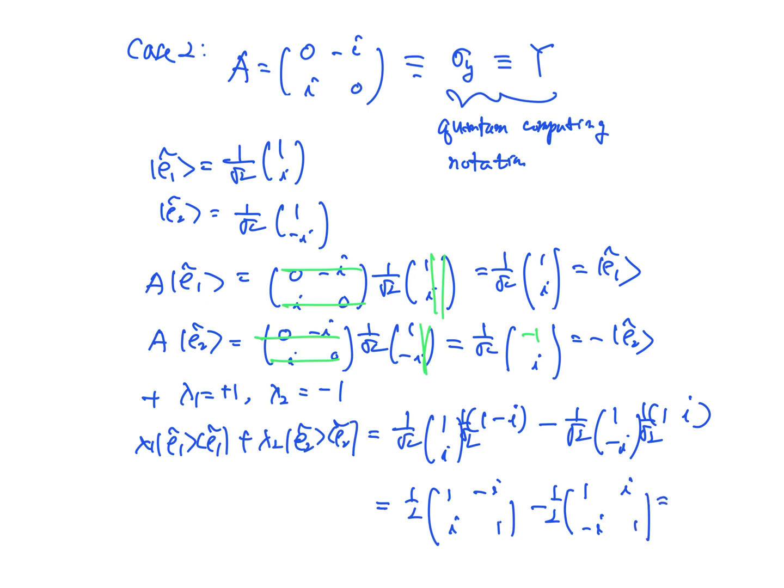So it becomes [0, -i; i, 0], which is A. So this property is true for the second case. I can go one more time. The third time is perfect, and I think some of you are still copying.